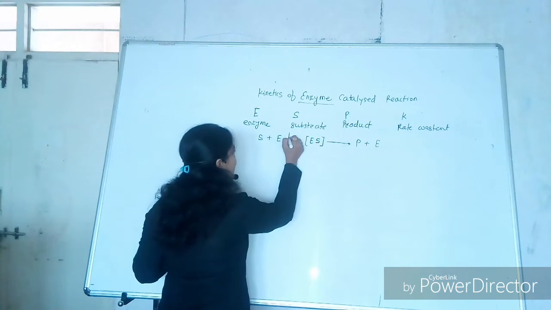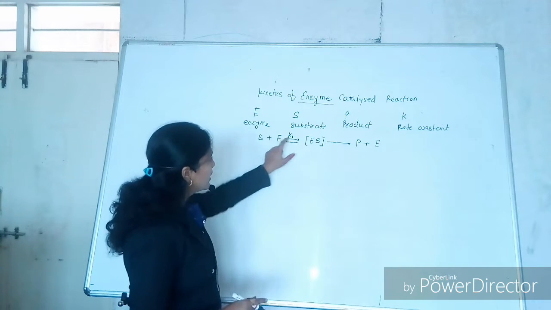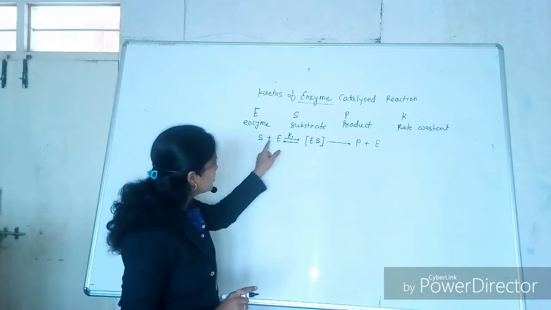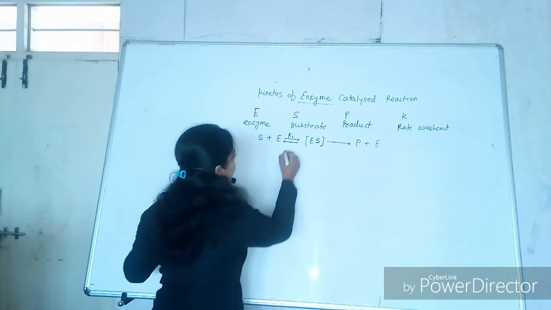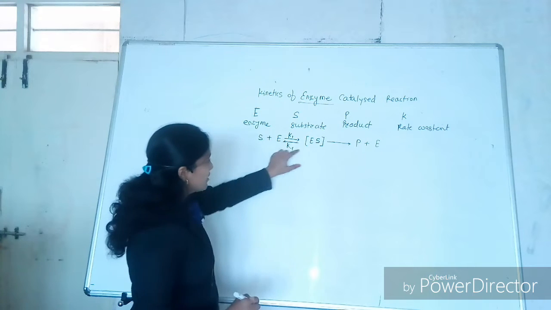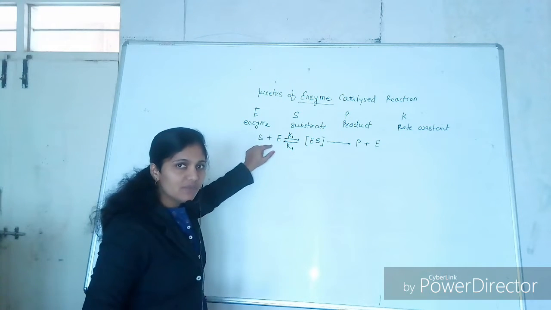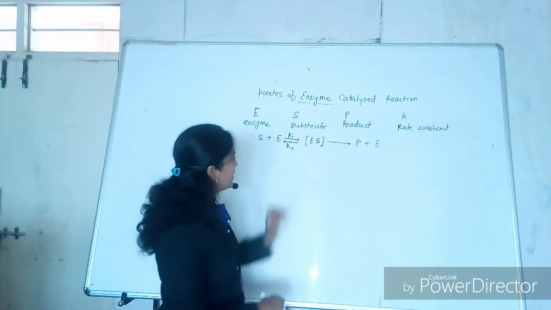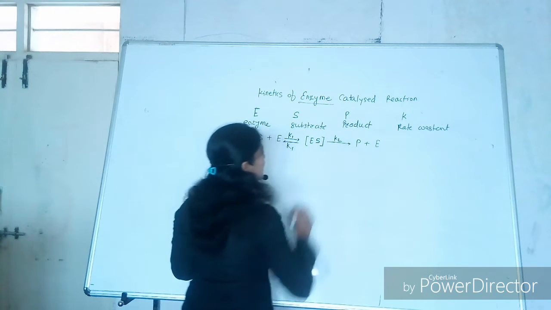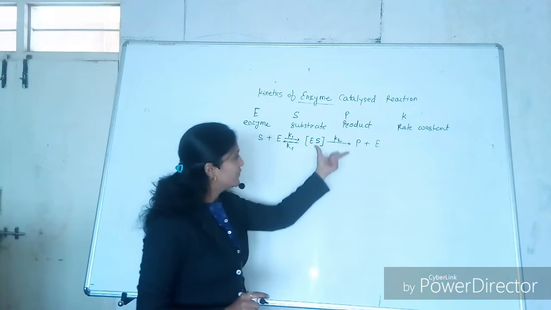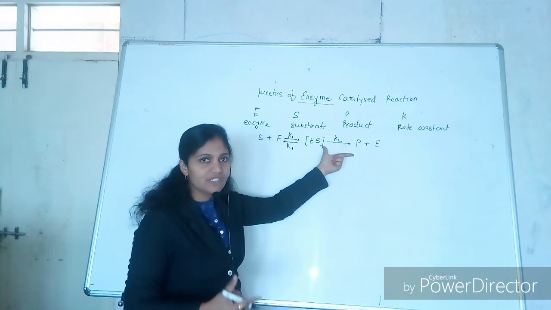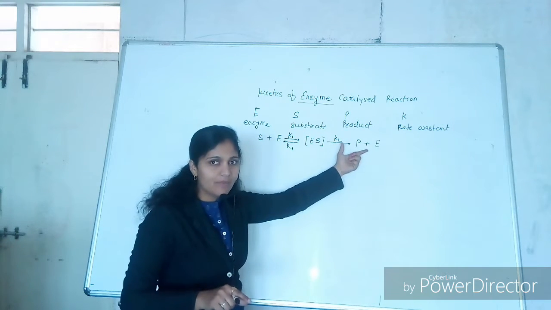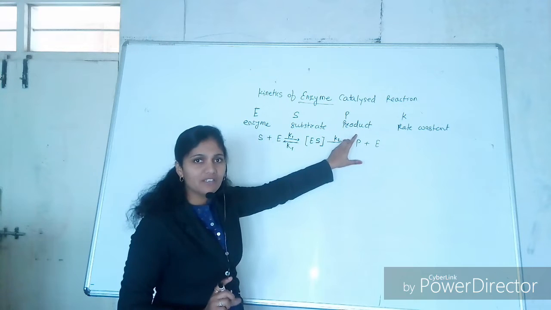K1 is the rate constant of the forward reaction of the first step, K minus 1 is the rate constant for the reversible or backward reaction of the first step, and K2 is the rate constant for the second step, in which the enzyme substrate complex decomposes.